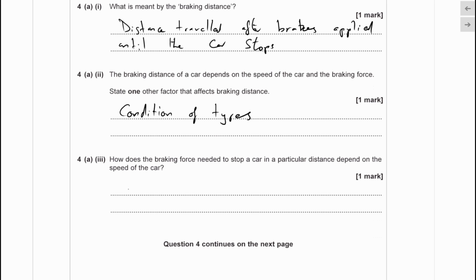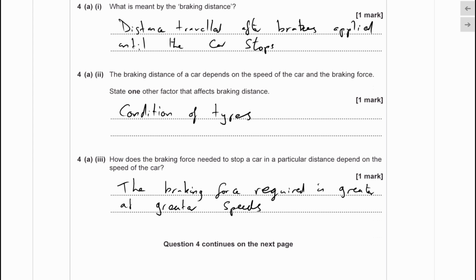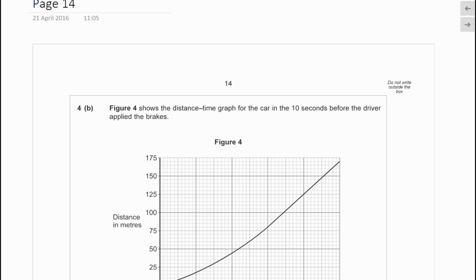So, the braking force required is greater at greater speeds. And it's only a 1 mark question, so we don't need to explain that.